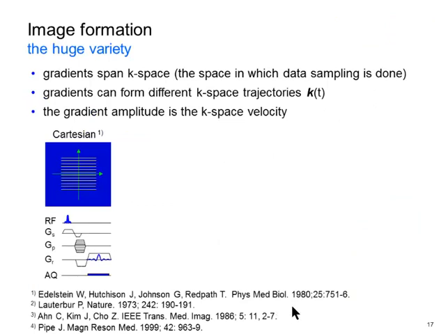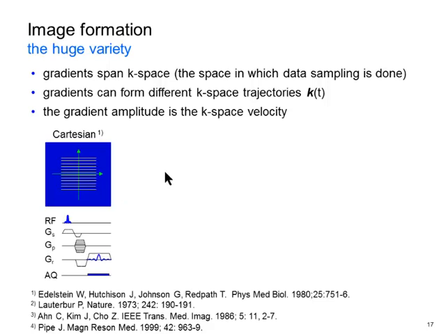What we learned from this session so far: gradients span the k-space, and the k-space is the space in which signal sampling is done. The gradients can be run in different waveforms to form different k-space trajectories, and you can think of any k-space trajectory you like.